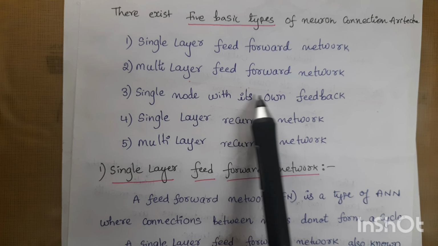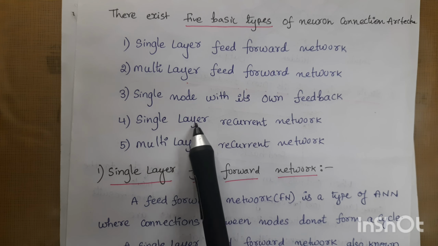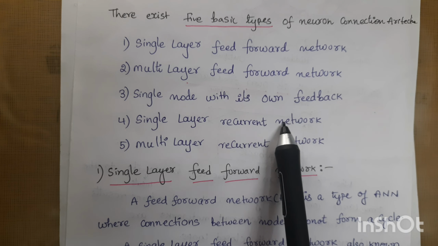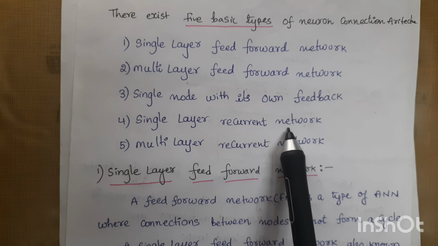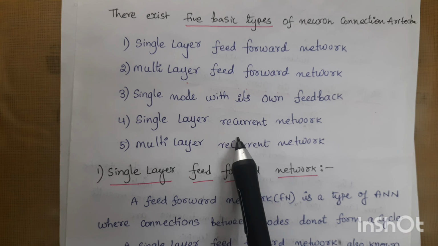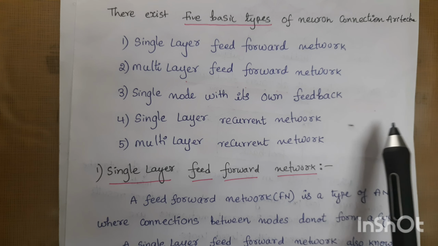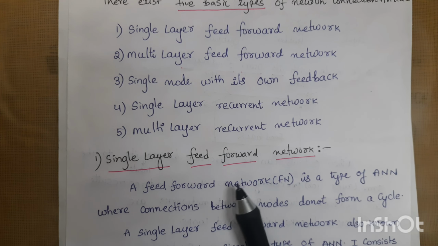Single node with its own feedback contains the feedback. A single layer recurrent network has loops with a single layer. A multi-layer recurrent network has more than one recurrent layer. So this is all about the 5 basic models of ANN.